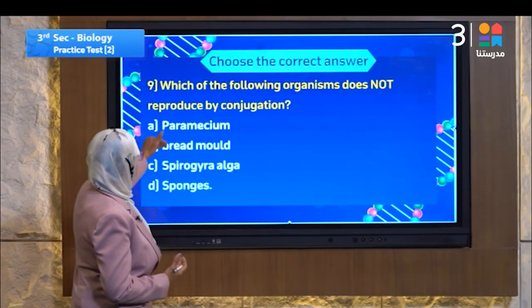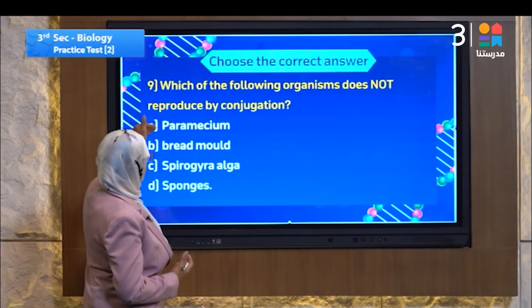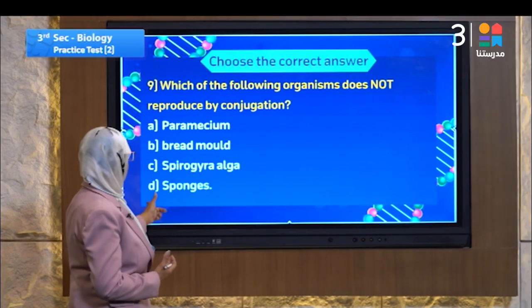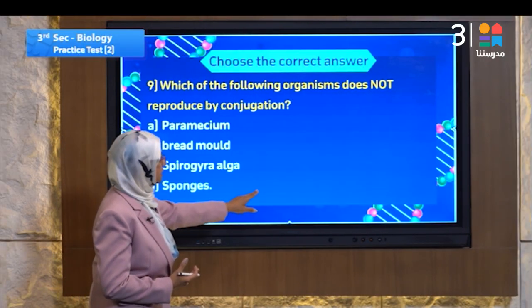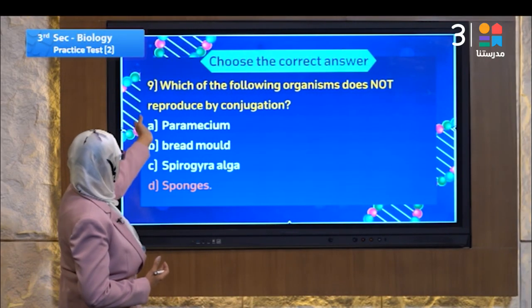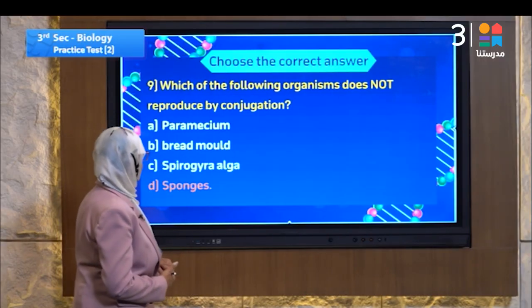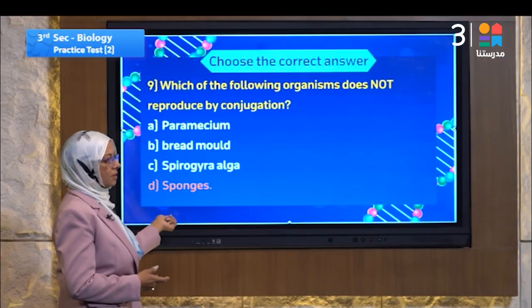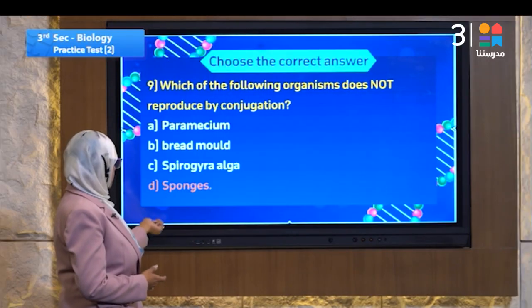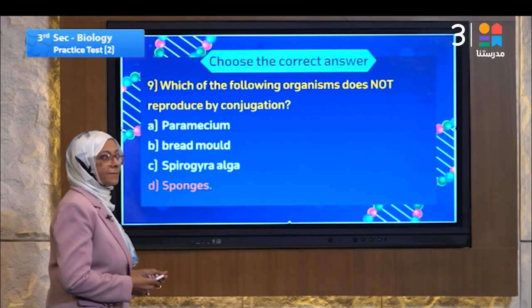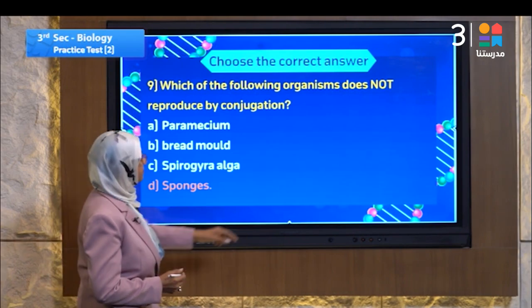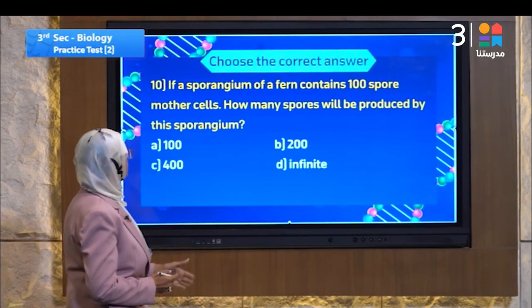So 3 choices are reproduced by conjugation, but the other one is not. Sponges is the answer, not reproduced by conjugation. The answer is number D. Sponges reproduce by budding. Let's go to question number 10.